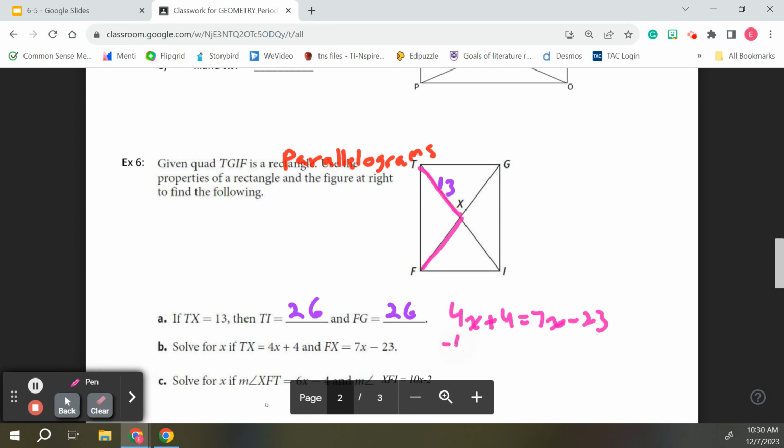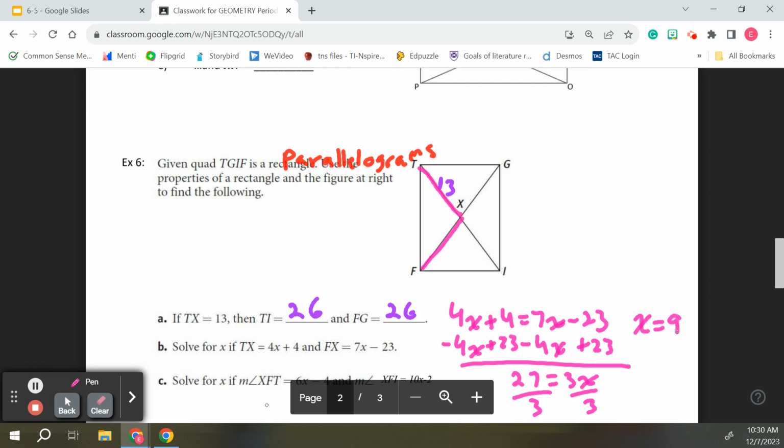I'm going to subtract the 4x from each side. I'm going to add the 23 to each side. So this is going to be 27 equals 3x. And then I divide both sides by 3. So x is equal to 9 in this case.